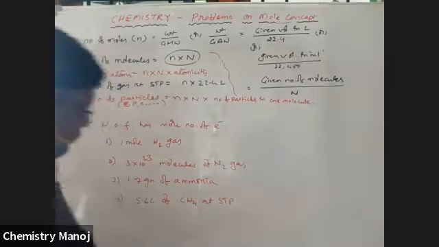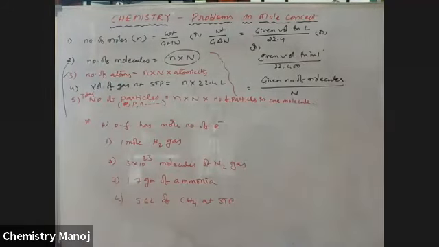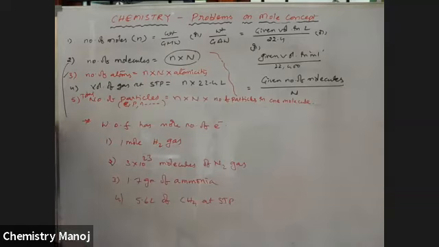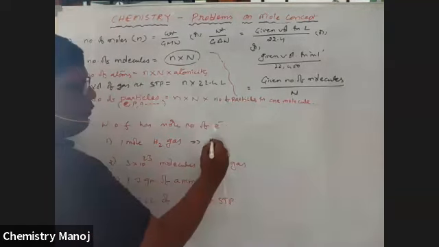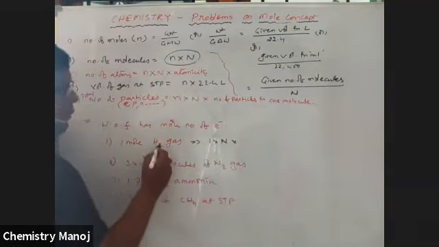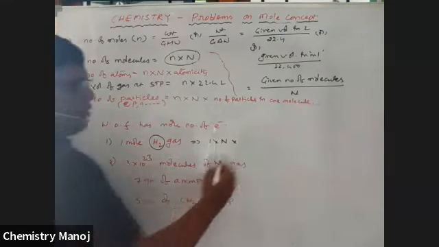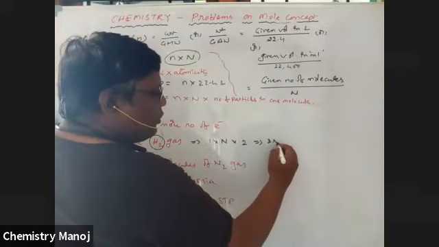Option 2, no doubt, that is correct. 1 mole hydrogen means 1 into capital N into the number of electrons in one H2. One hydrogen has 1 electron, 2 hydrogens have 2 electrons, that is 2N electrons.